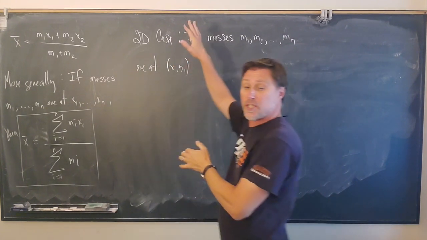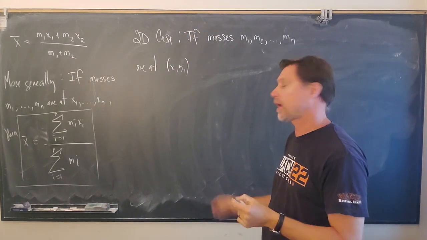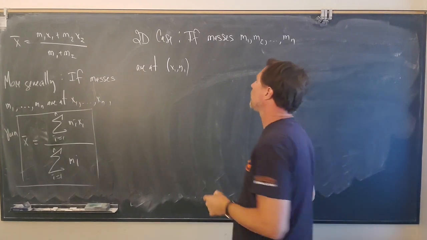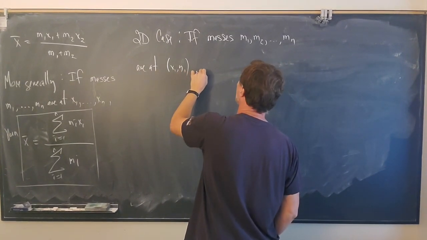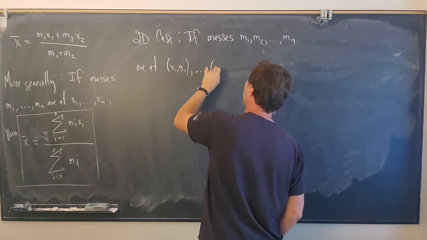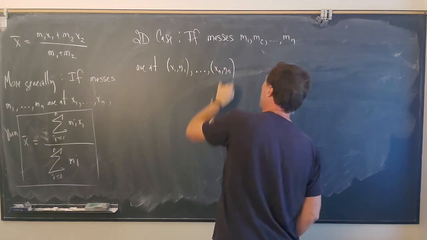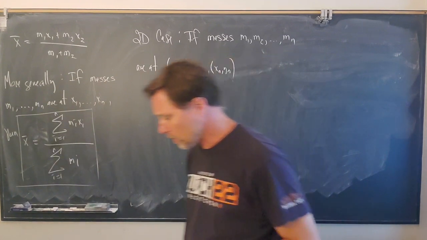Now we're going to be arranging them in the plane, the two-dimensional setting, rather than on a line. So x1 comma y1 up through x sub n comma y_n.